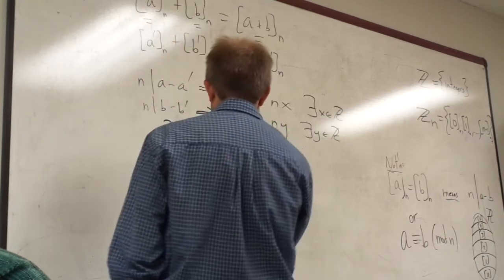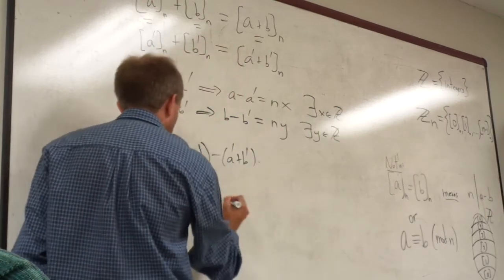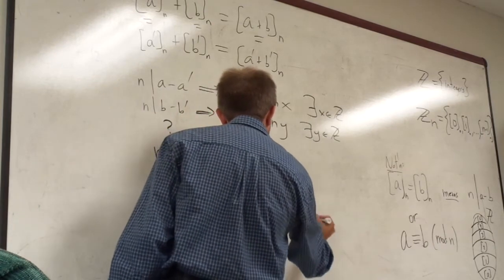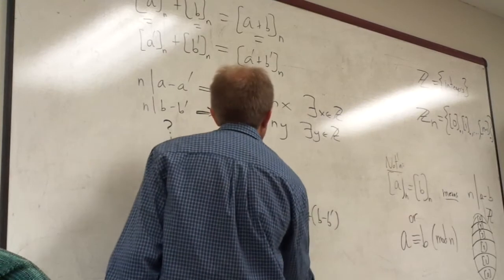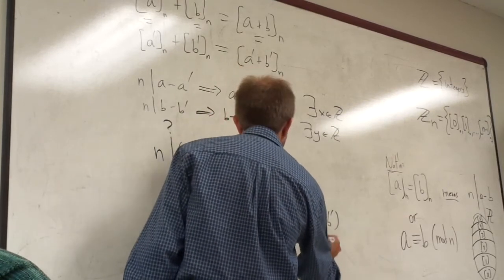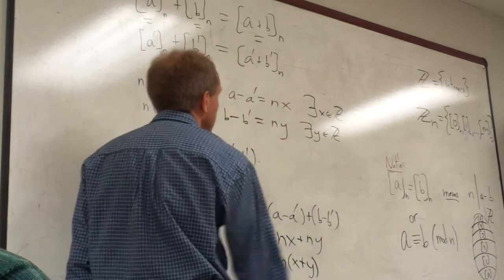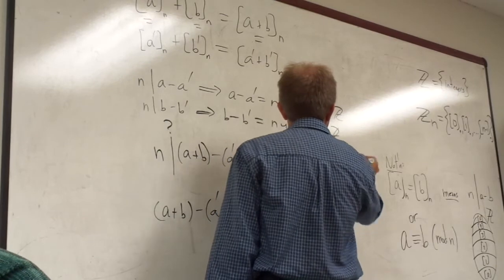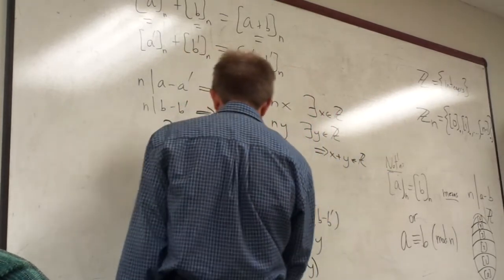Well, you can look at it. a plus b minus a prime plus b prime can be reorganized as a minus a prime plus b minus b prime, right? Which is nx plus ny, which is n times x plus y. And since x and y are integers, x plus y is an integer, so this is an integer multiple of n that equals this difference.